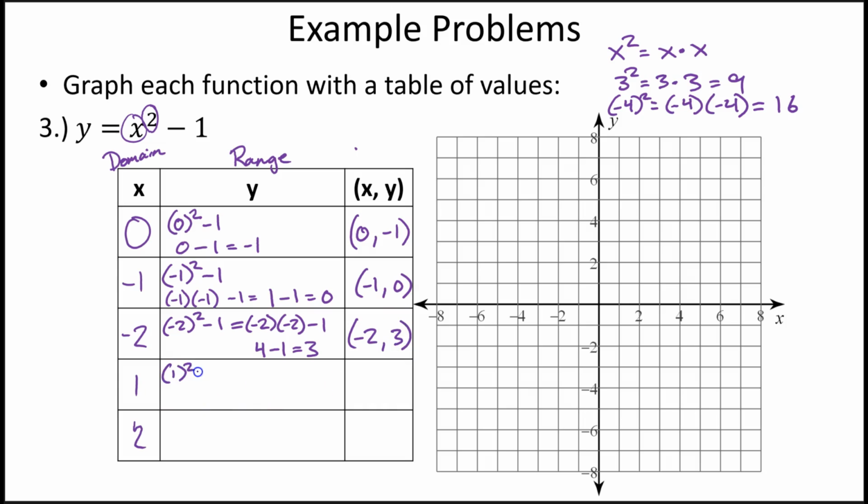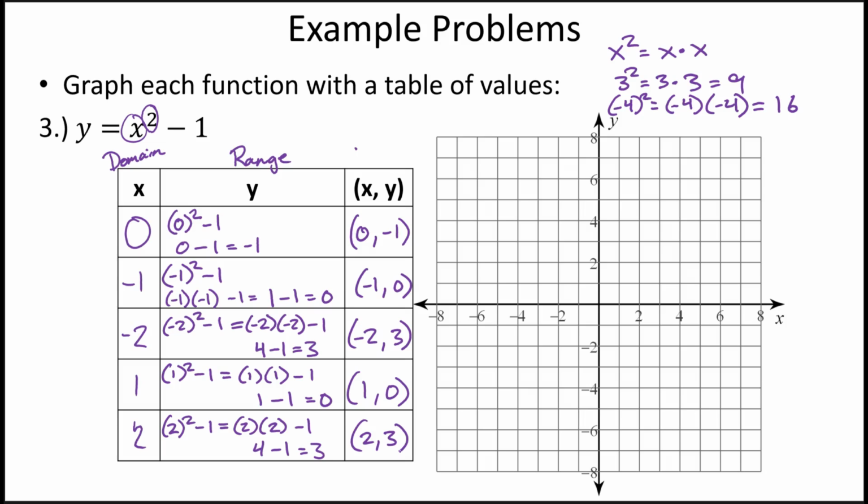Keep going. 1 squared minus 1 is 1 times 1, which is 1, minus 1, and that is 0. So positive 1 and 0. 2 squared minus 1 will be 2 times 2 minus 1, 4 minus 1, which is 3. So 2, 3. All right, and those are our points, so we can go ahead and plot them now.